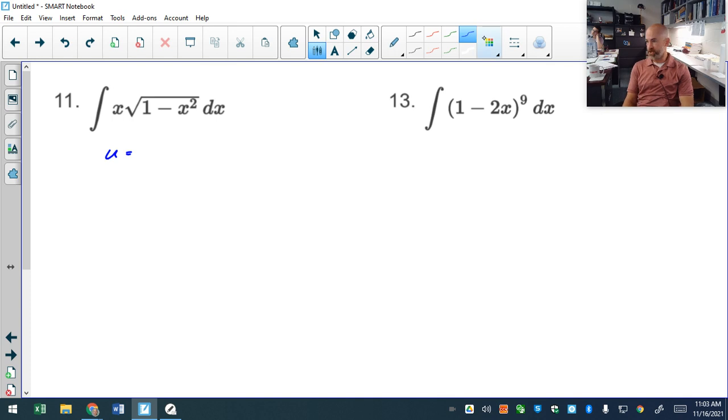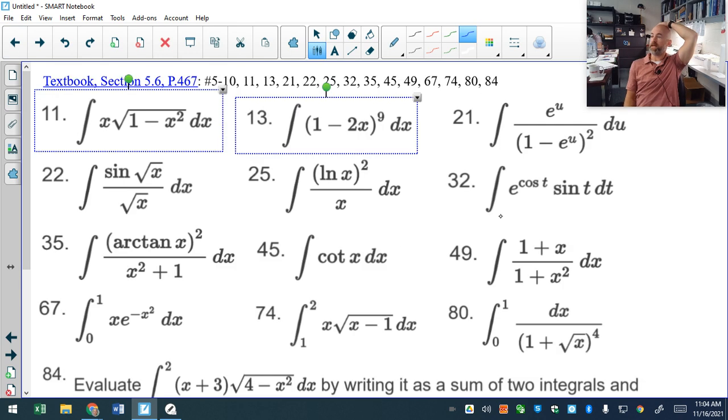Now, generally, with U substitution, you're looking for things that are inside something else, stuff inside parentheses, under a square root, in the denominator. Sometimes there's not parentheses around it, but a lot of times you choose your denominator as a U. Things that are inside an exponential. So I'm kind of going off on an aside here, but on 32, if I'm going to do U substitution, I'm going to choose the cosine because that's inside the E function.